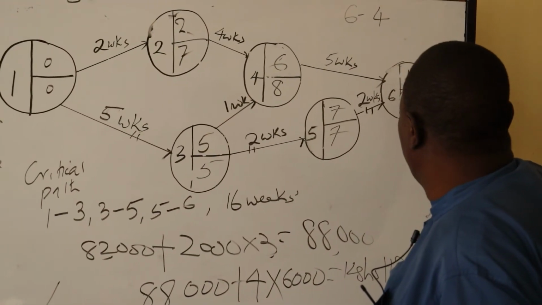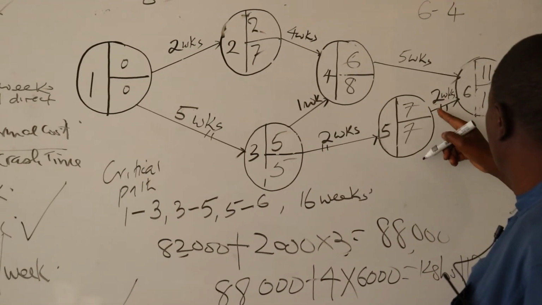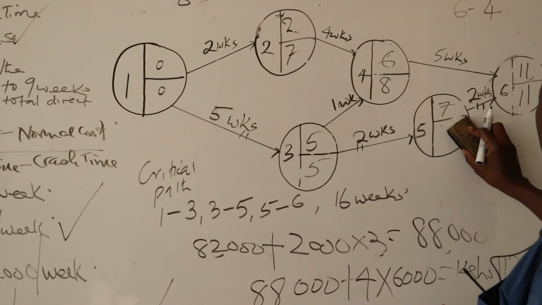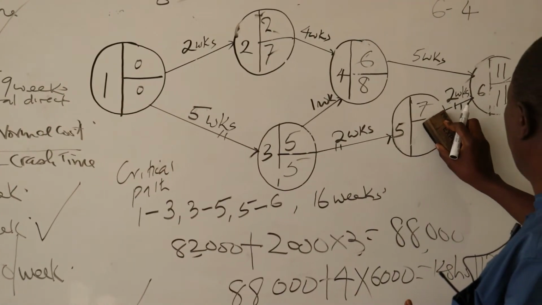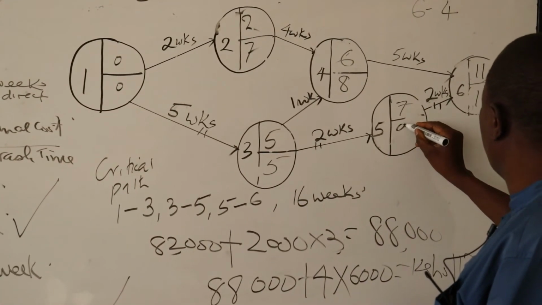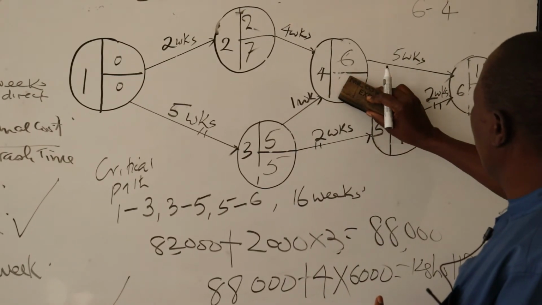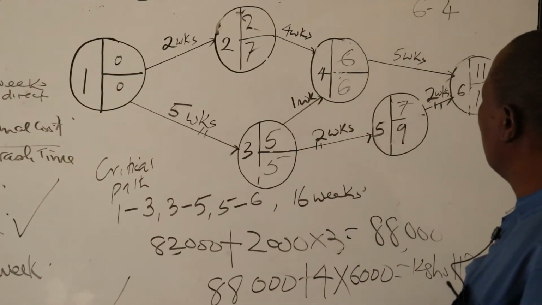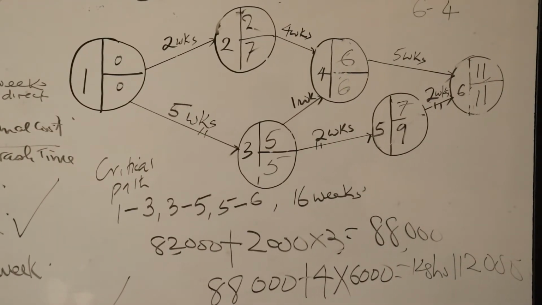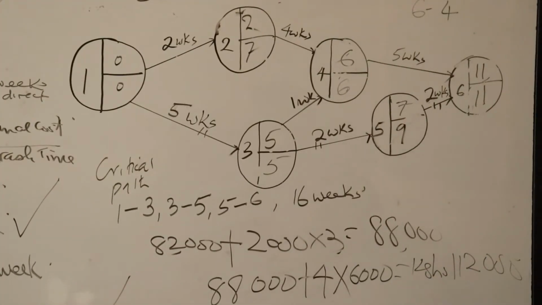So this is 11 and this is 11. 11 minus 2 is 9. 11 minus 5 is 6. Then we are to crush the project to a minimum of 9 weeks and establish the total cost of crushing.